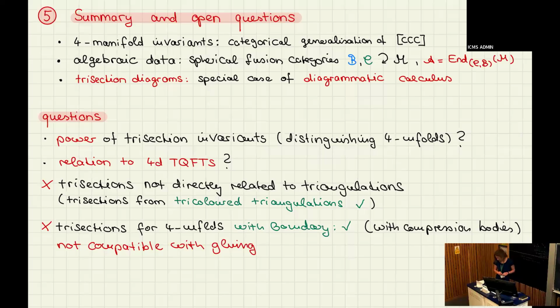But I'm not so sure if this is the right thing for the TQFT picture, because it's stated explicitly in their paper that you can consider manifolds with boundaries, but if you glue 2 trisections with boundaries, you do not necessarily get a new trisection. So somehow this tells you it's not so easy to relate it directly to a TQFT. Of course, it could still be related to a TQFT, but simply we don't know at this point.